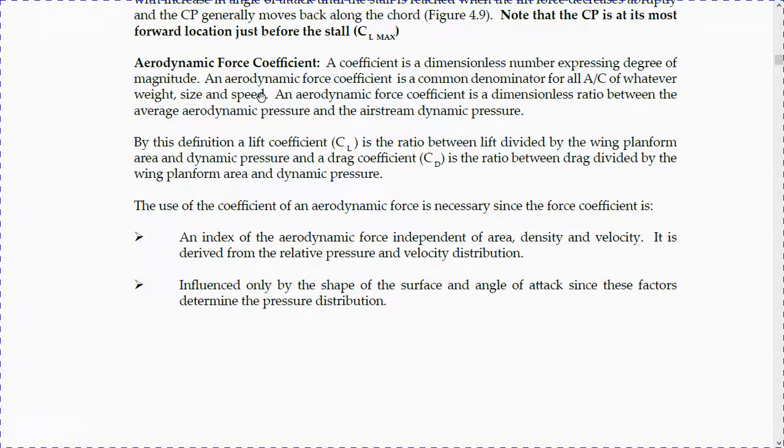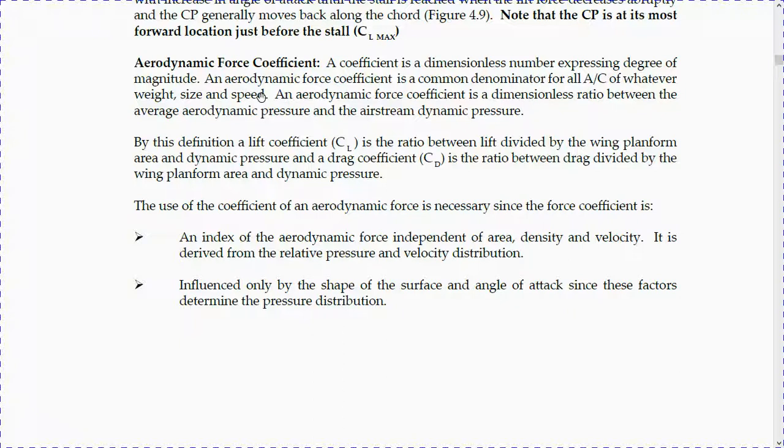Aerodynamic force coefficient. A coefficient is a dimensionless number expressing degree of magnitude. An aerodynamic force coefficient is a common denominator for all aircraft of whatever weight, size, and speed.